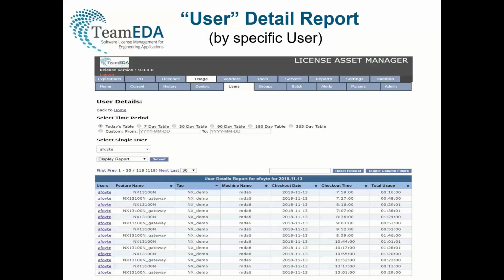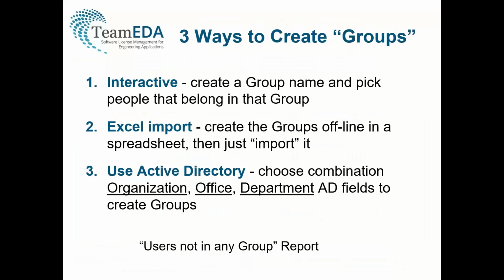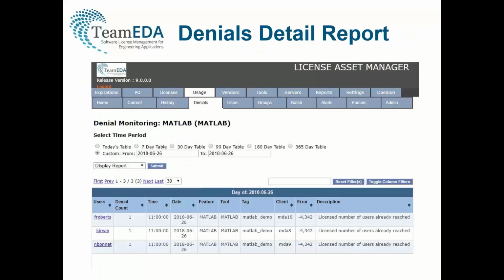Users allows us to do our chargeback reporting. Again, groups: people are very interested in the different group use of the different tools and features for their chargeback percentages as well. We've seen interactively groups. We can create them, or import from Excel, or most popular is Active Directory.